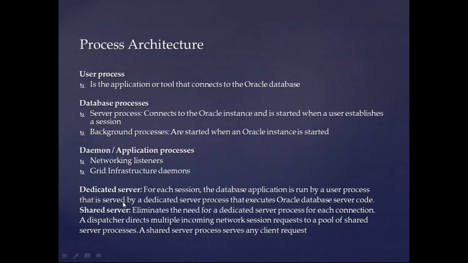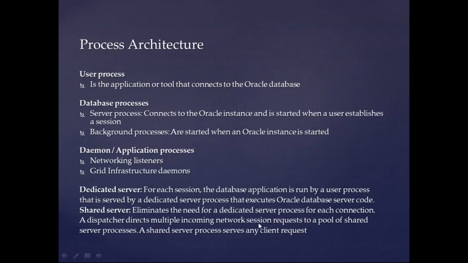Now, dedicated connection and shared connection. I told you about the dedicated connection. When a user process is associated with one server process, that is a dedicated connection. For each session, the database application is run by a user process that is served by a dedicated server process that executes Oracle database server code. So one user process connects to one server process. That is a dedicated connection.